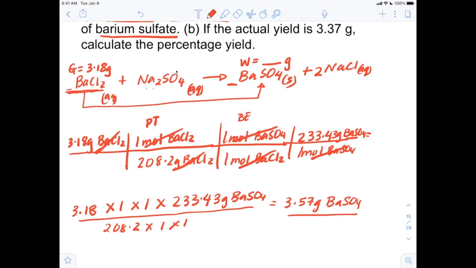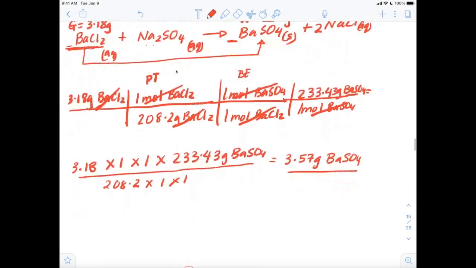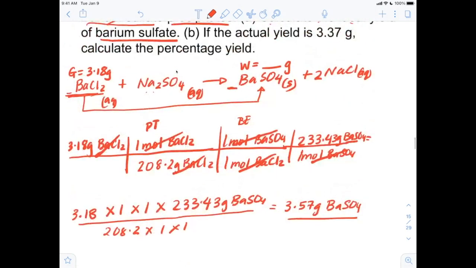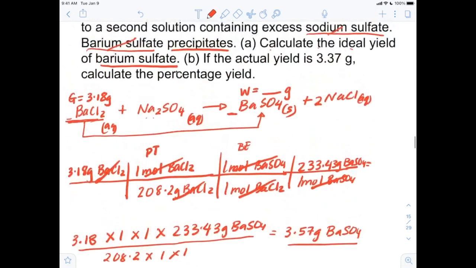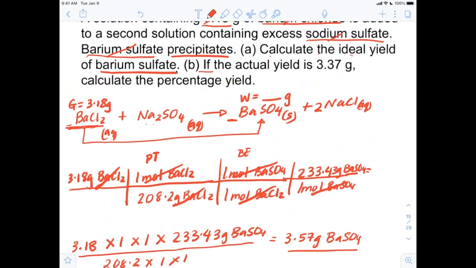Okay, so in our experiment, this is the ideal amount. If we are able to hit this target, if we can go to the lab and hit this target, we are doing well, 3.57. Well, they say here, B, if the actual value, if you actually went to the lab, did the experiment, and you instead got 3.37, calculate the percent yield.